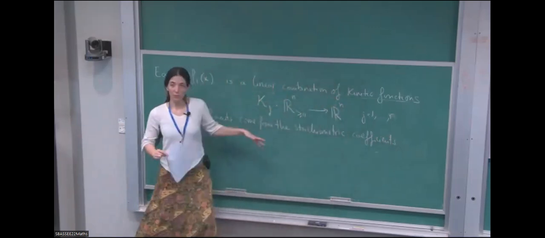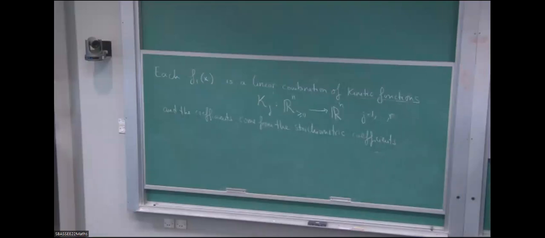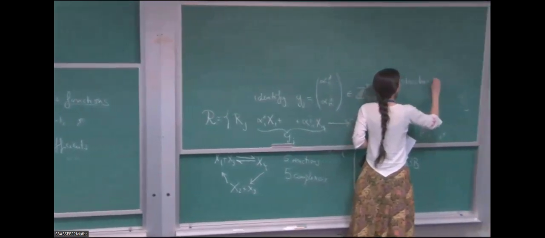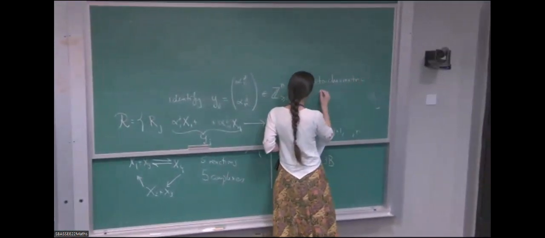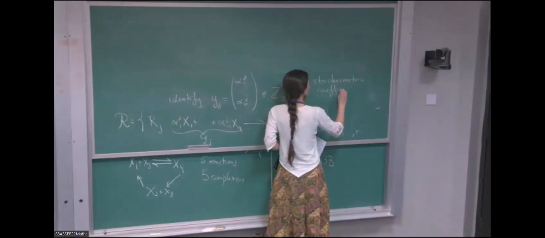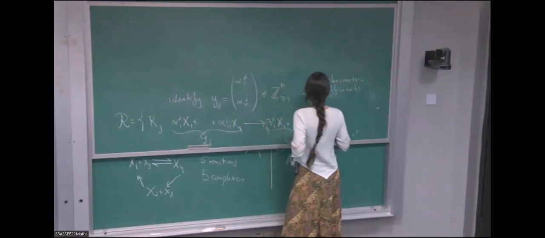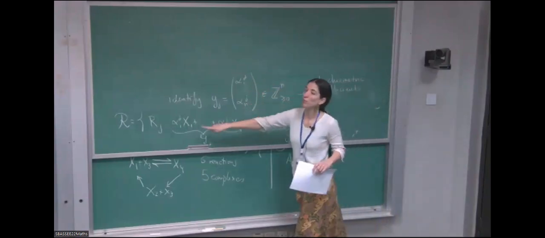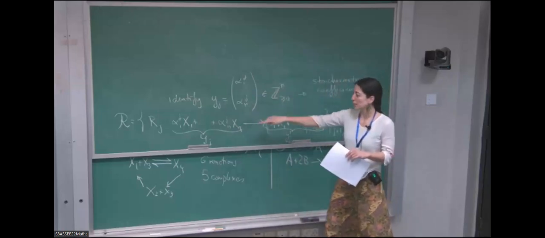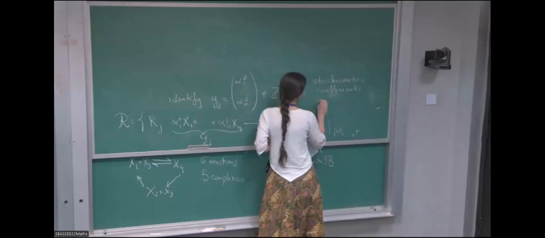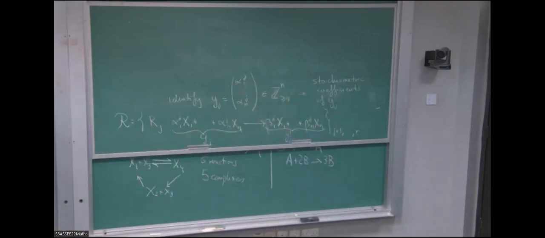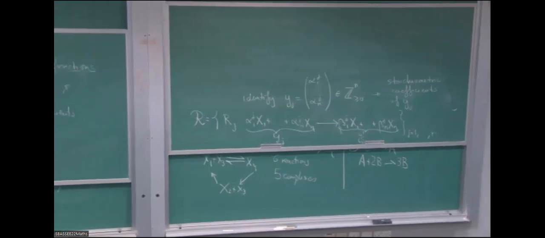from what we call the stoichiometric coefficients. And those are the stoichiometric coefficients. So those give me the coefficients of the linear combination of all the species in the complex. And I say they come from the stoichiometric coefficients.